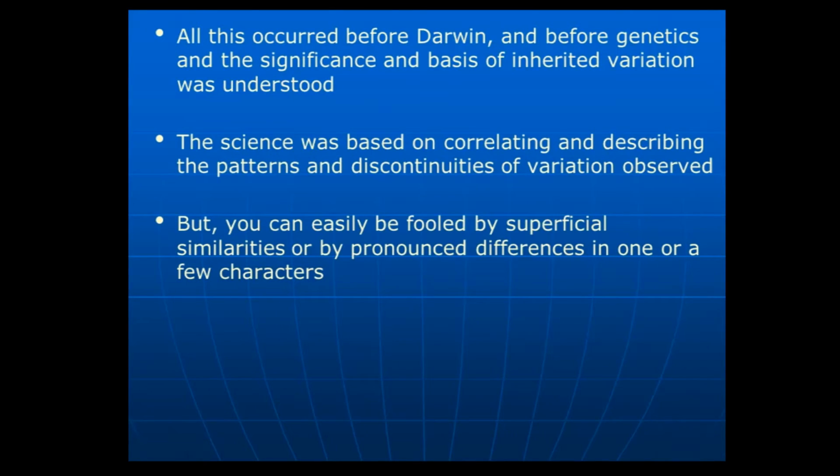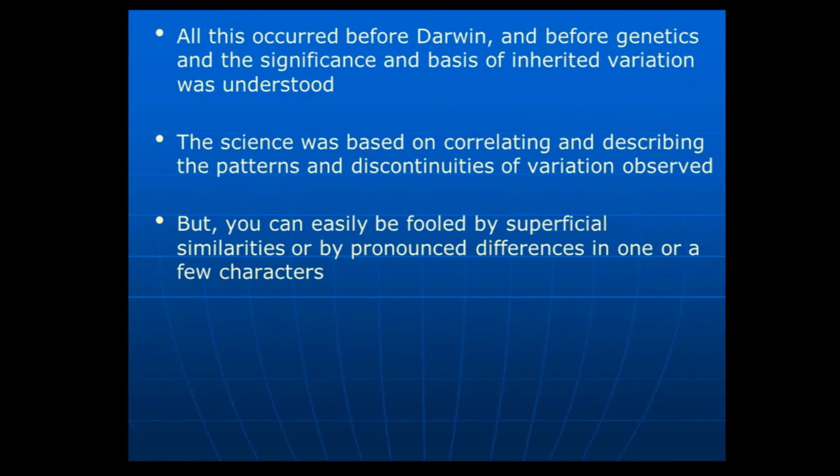So the science was based on correlating discontinuities and patterns of variation. And that works surprisingly well. It's actually, to me, in many ways amazing how well it worked. But you can easily be fooled by superficial similarities or when plants differ radically in a few very striking features. And I'll show you some examples of that later on.